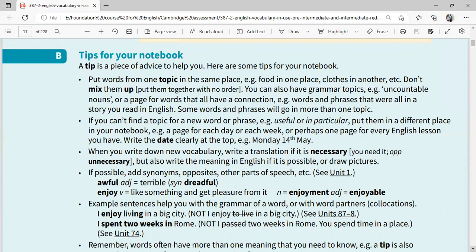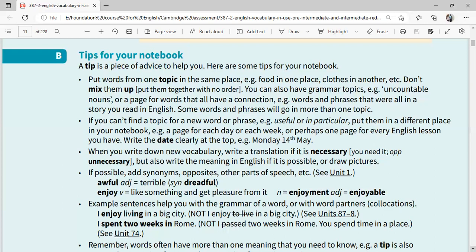You can also have grammar topics, for example uncountable nouns, or a page for words that all have a connection, for example words and phrases from a story you read in English. Some words and phrases will go in more than one topic.